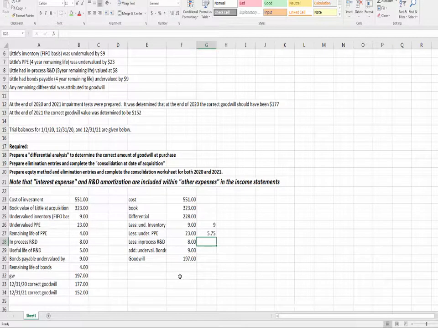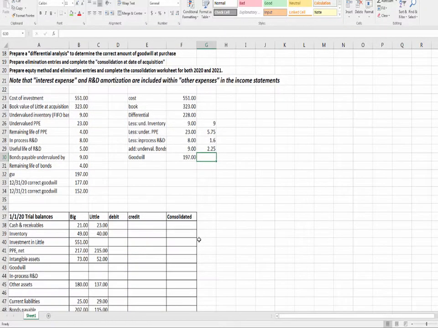Likewise, the in-process R&D, $8, is going to be spread over the useful life of the R&D of 5 years. So $8 over 5 years is $1.60 per year. And the bonds, $9 amortized over 4 years. So 2 1/4.